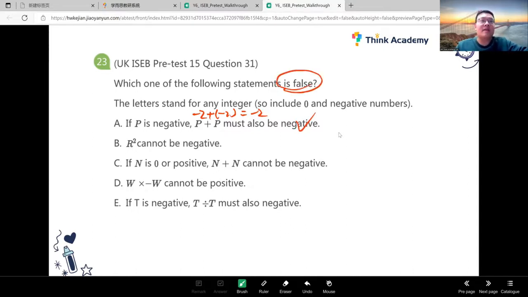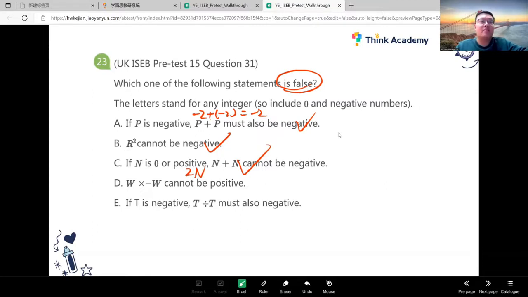R squared cannot be negative. That's right. Any number you square must be greater than or equal to 0. If n is 0 or positive, n plus n cannot be negative. Yes, that's right. So basically 2 times n, and if n is 0 or positive, then 2 times n must be 0 or positive.